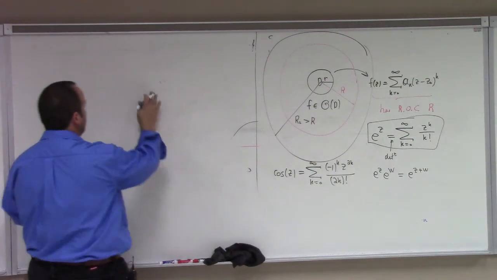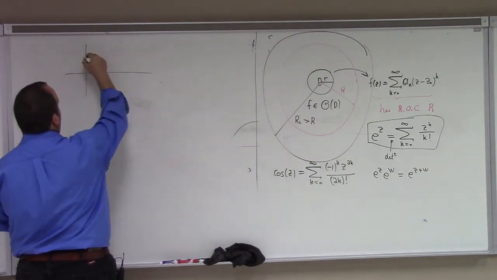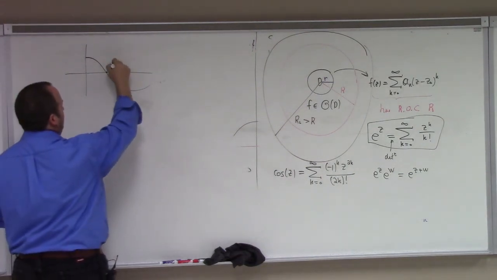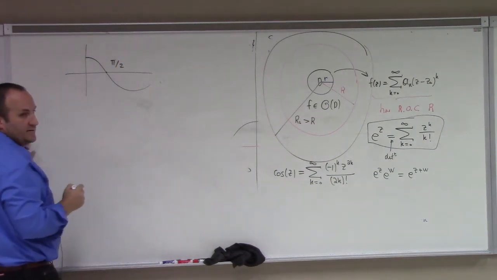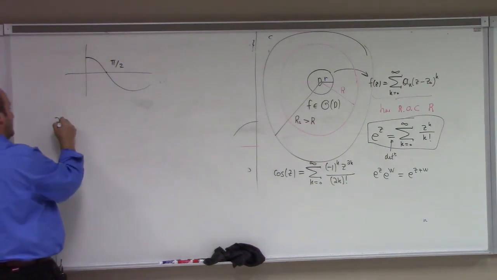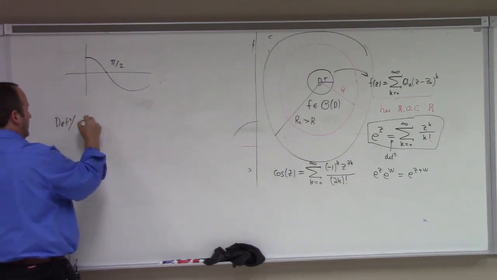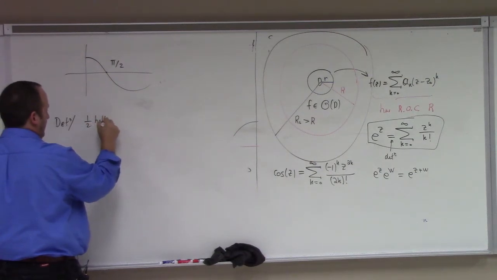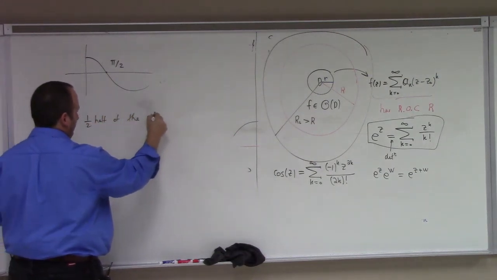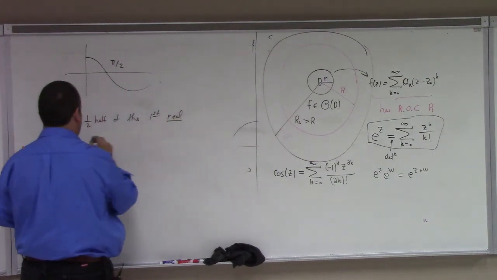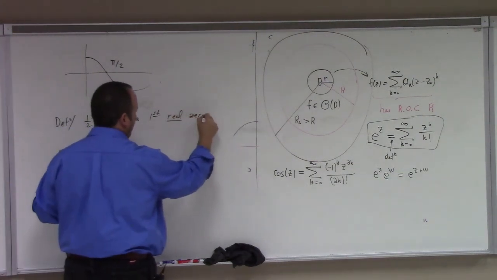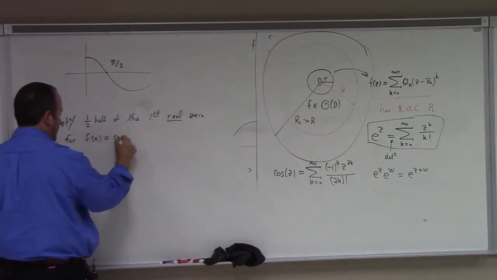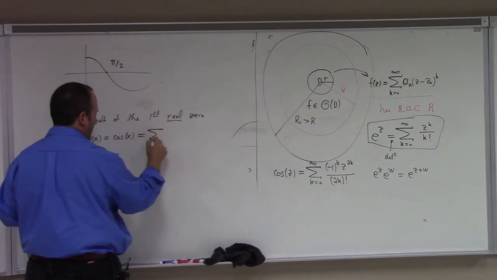Think about cosine. What's it look like? What's the graph of the real cosine? Like that, right? So this is what? This is pi over 2. We know that. Here's a definition you could give for pi. Definition: one half of the first real 0 for f of x equal to cosine x, where we're giving it the power series definition.